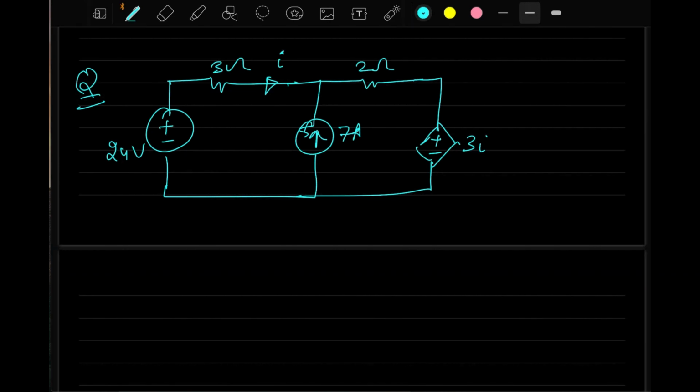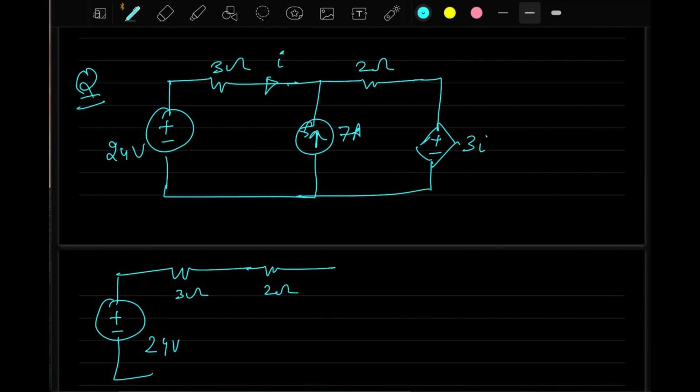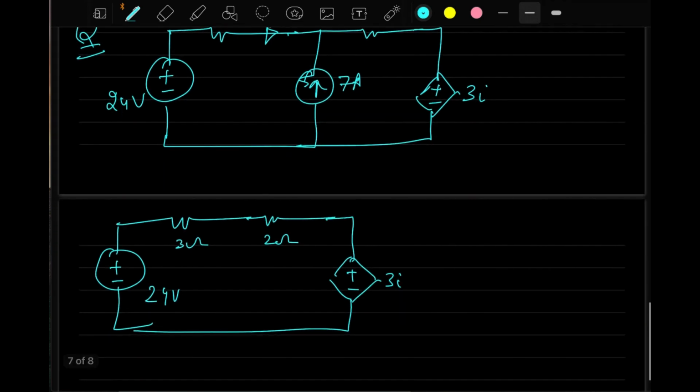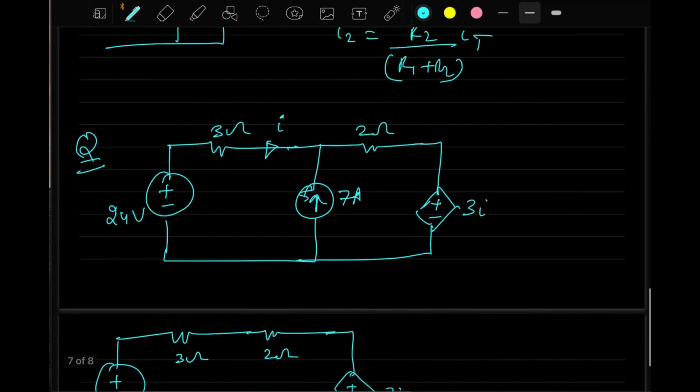In the first case, we will deactivate this source first. So if we deactivate it, our circuit will become like this: 24 volts, 3 ohms, 2 ohms, and then we have a plus minus 3i here. This I depends upon this I, and the direction is given to me in this way, so it is fixed.